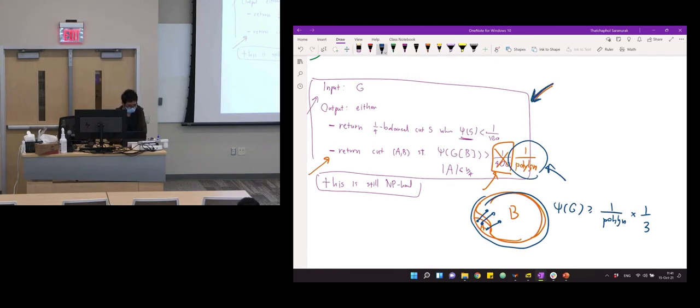But how to really get this subroutine? Maybe I will try to outline things in the homework so that you can really see how to get it.